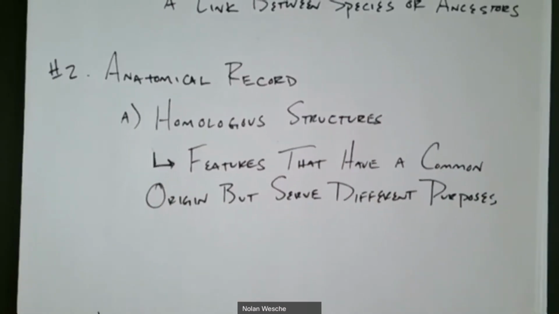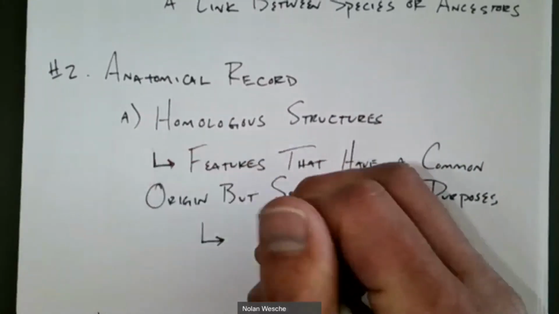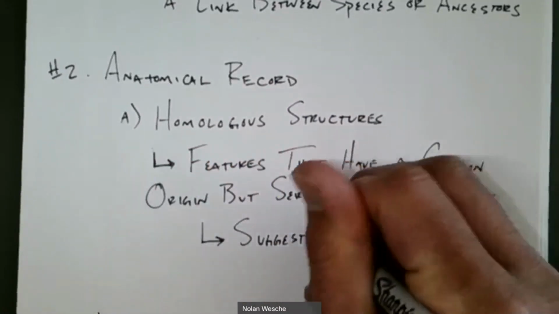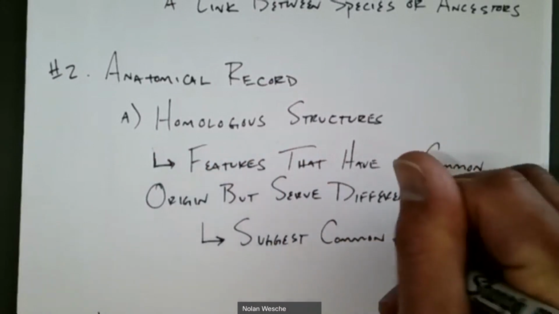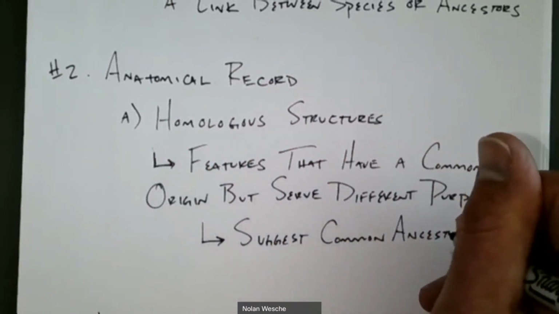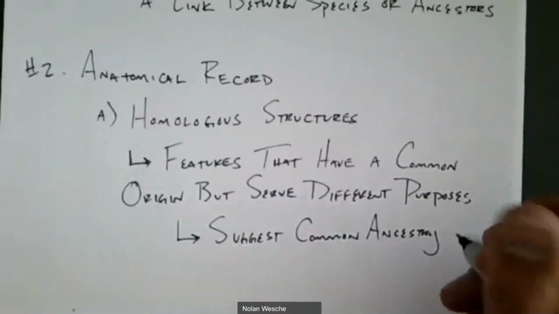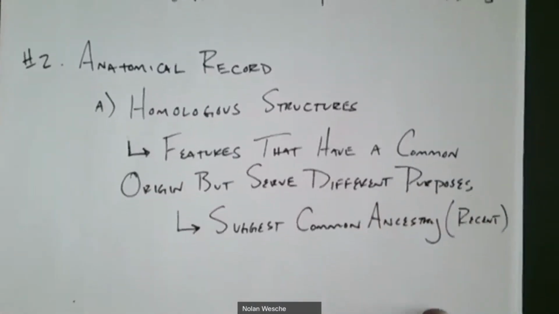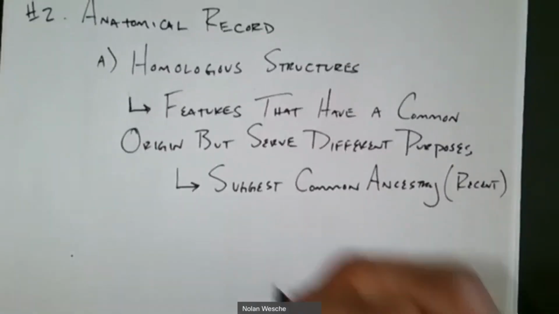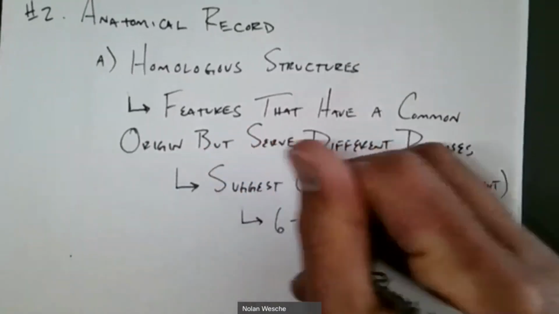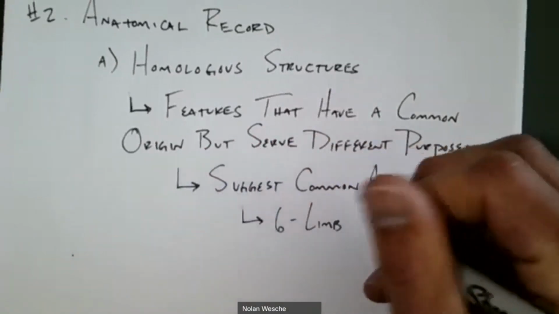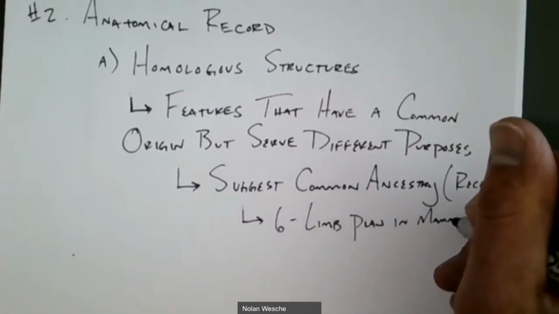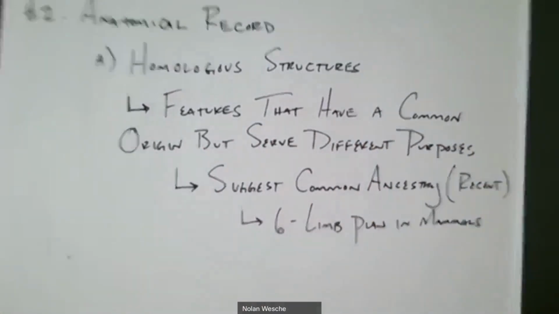Right? And what they would suggest is somewhat recent common ancestry. So they suggest kind of recent common ancestry. Recent, obviously a broad term in this sense. And our example here was the six-limb bone plan in mammals, in those mammals that we had pictured there.